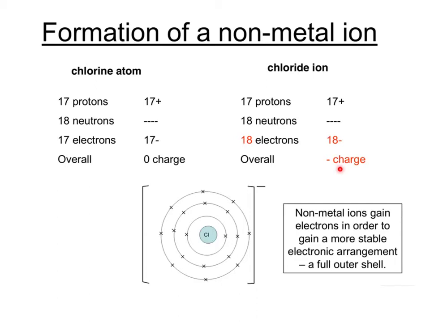So when we draw the ion, we draw the electronic structure of the chloride ion, but we put a square bracket round it and a negative charge to show it's got a negative charge associated with the whole ion. Chloride ions, like all non-metal ions, gain electrons in order to get a more stable arrangement, in other words, a full outer shell.